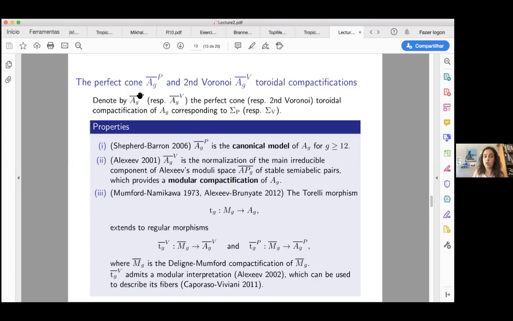So this is not A_g tropical now, so A_g classical. Using both the perfect cone and the second Voronoi decomposition, we can define toroidal compactifications of A_g, which we will denote with A_g bar P and A_g bar V. So these are the perfect cone and second Voronoi toroidal compactifications of A_g corresponding to these decompositions.